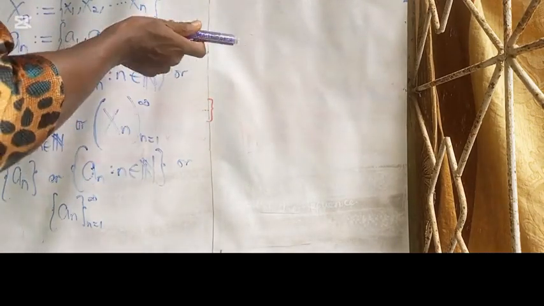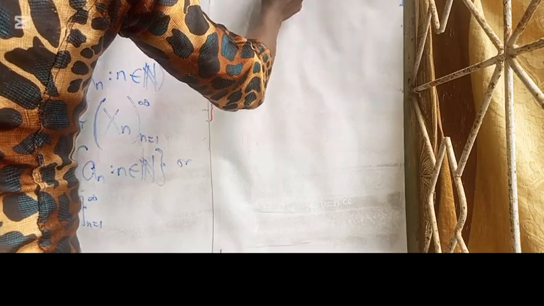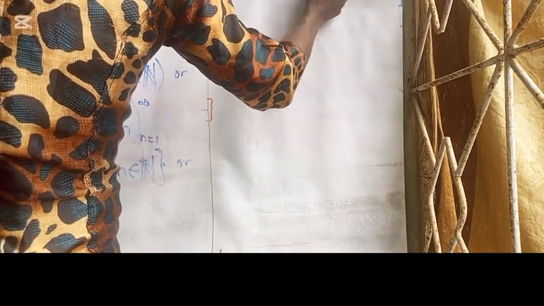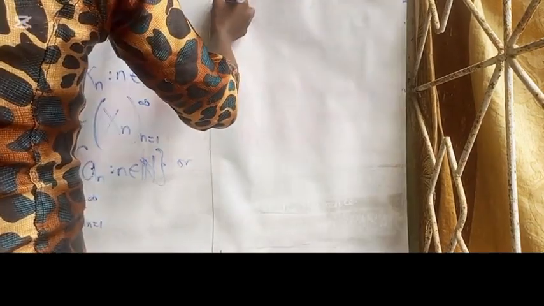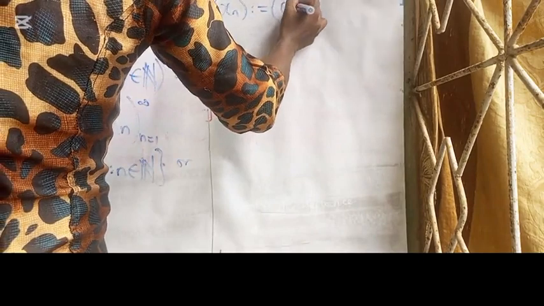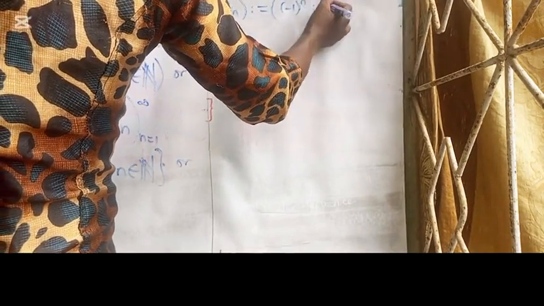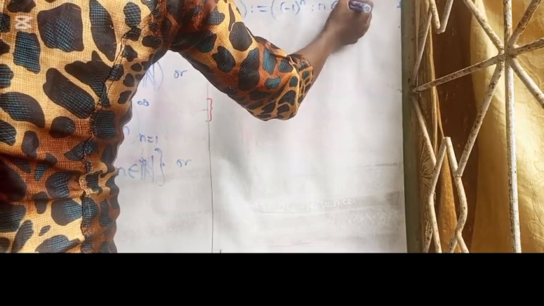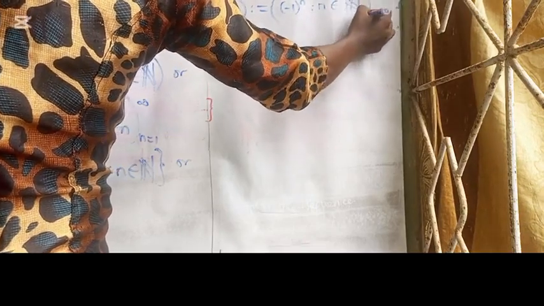The first example: consider the sequence xn defined as follows: minus 1 raised to power n, where n belongs to the set of natural numbers.